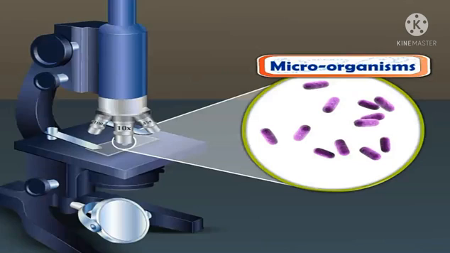Microscope means an instrument for looking at very small things which we cannot see with our eyes or even through a magnifying glass.